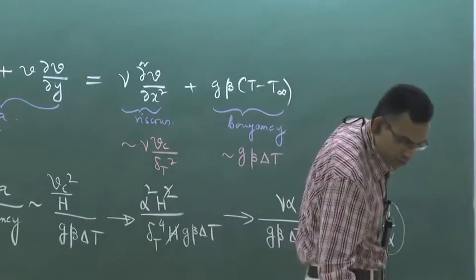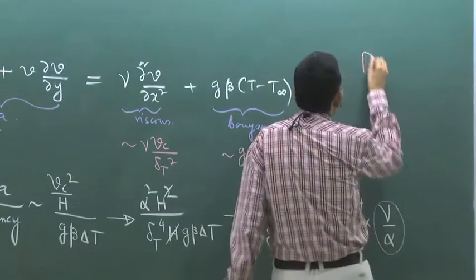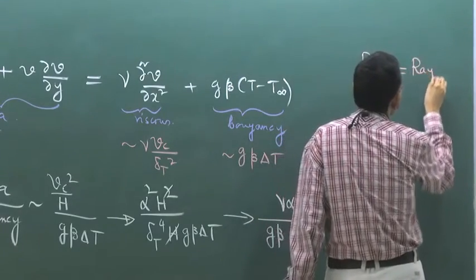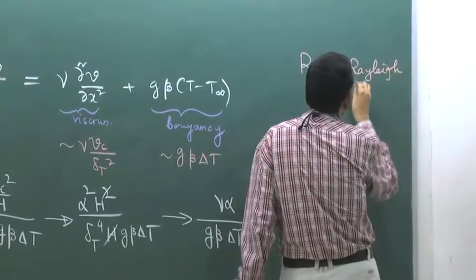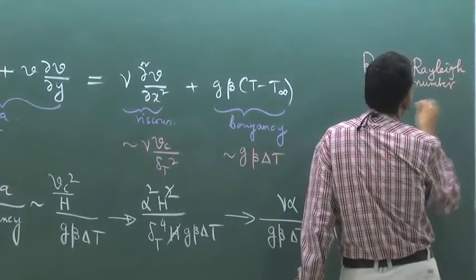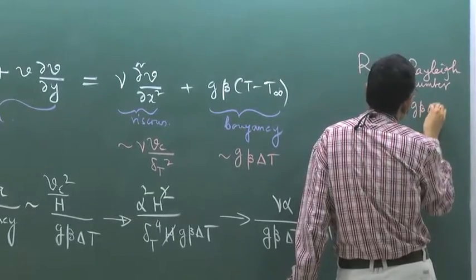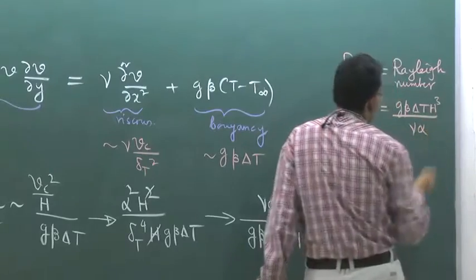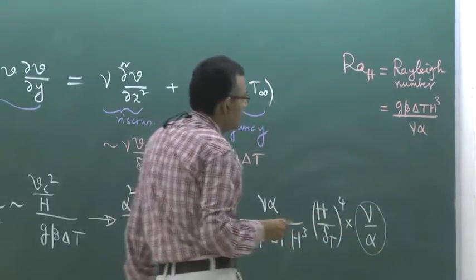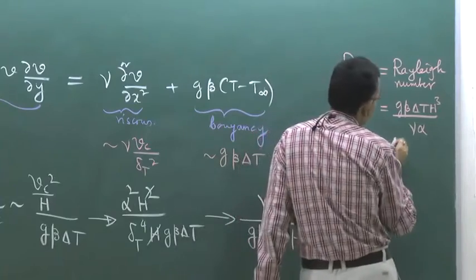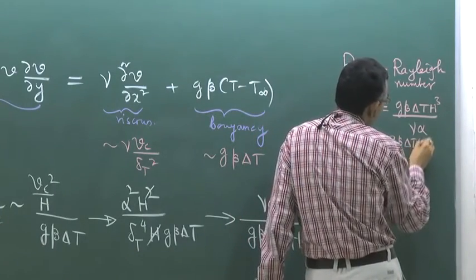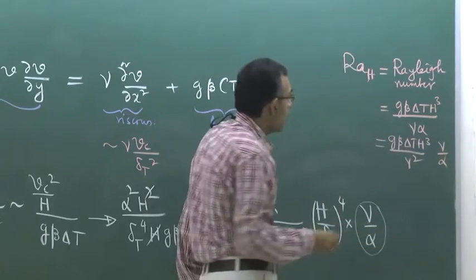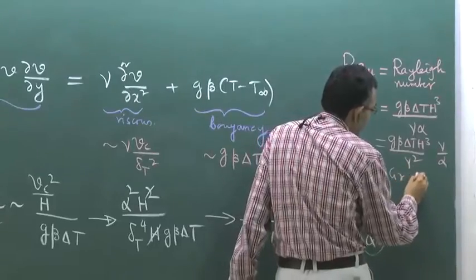So this you can write as g beta delta t h cube by nu square into nu by alpha. So Rayleigh number is nothing but Grashof number into Prandtl number.